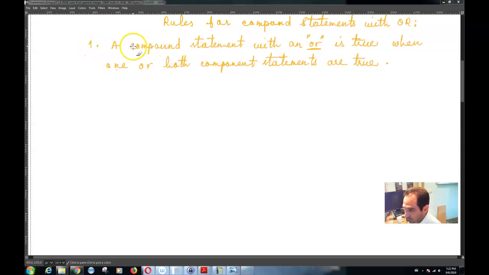So rule number 1, it says that the compound statement with an OR is true when one or both component statements are true. Okay.